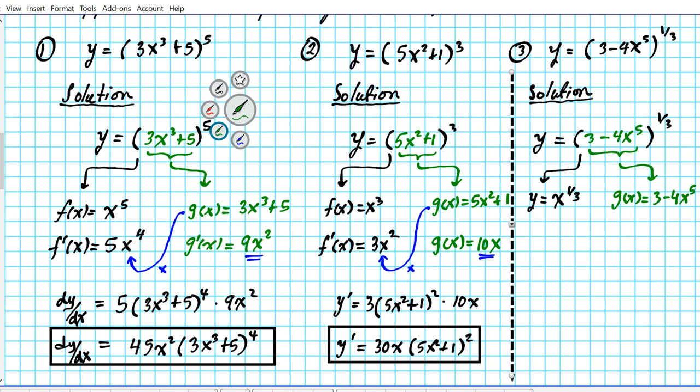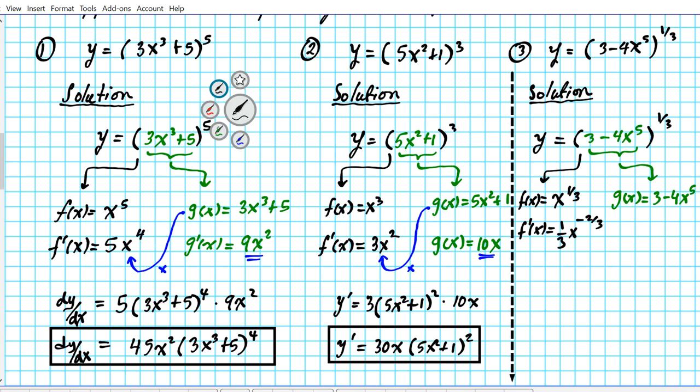Now let's differentiate. Let's call the outer function f. So let's differentiate both of them. The derivative of the outer function, power down, 1/3 x to the 1/3 minus 1, is negative 2/3.